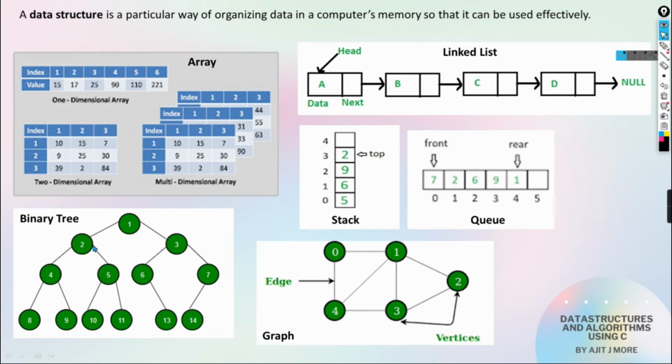Data structure, because here also you saw the way of organizing data in computer's memory, and then you perform different operations on it. So in very simple terms, in short and sweet words, a data structure is a way of organizing data in computer's memory and then performing different operations on it.